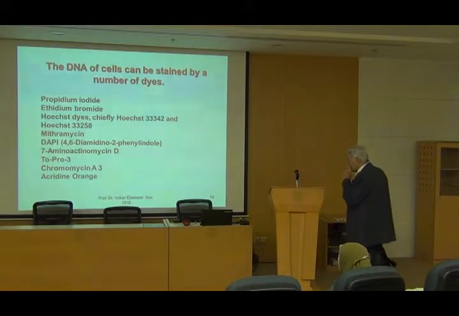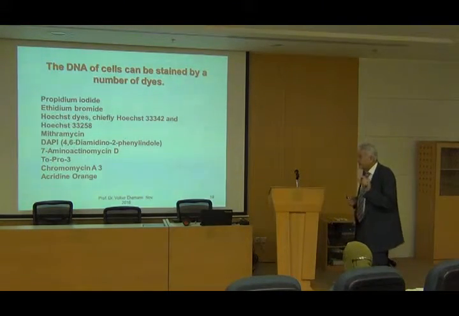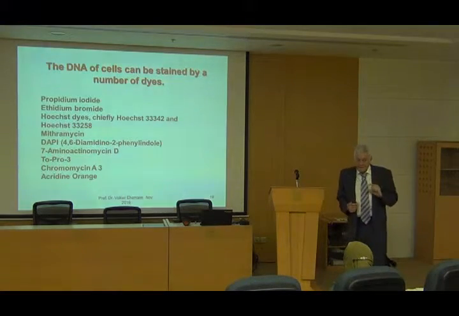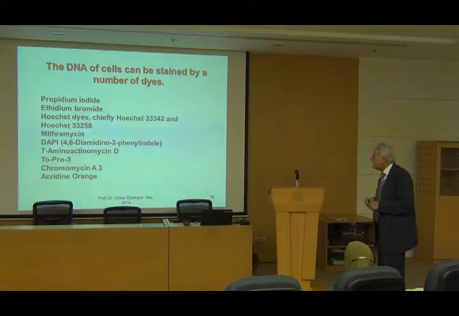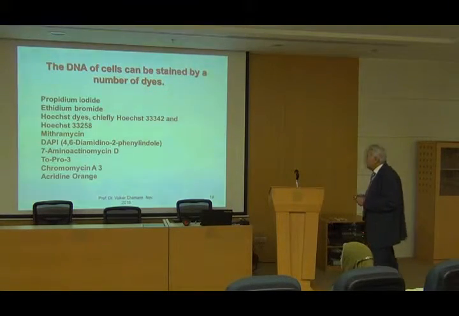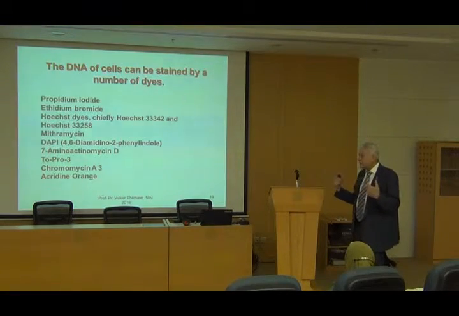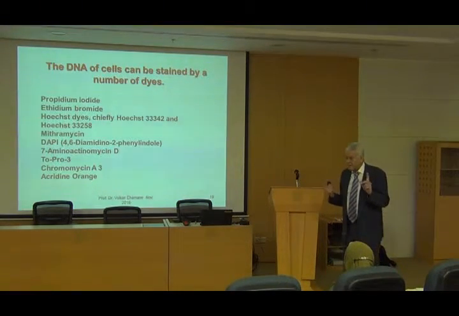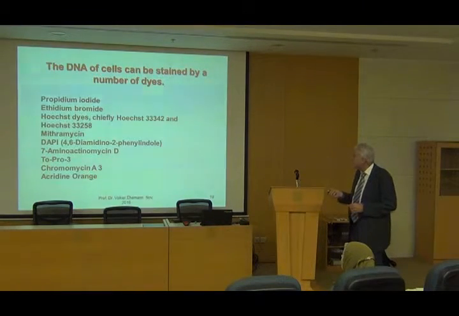The DAPI stain has the benefit that it does not intercalate in the DNA, in contrast to propidium iodide. The DAPI stain only binds to AT groups, in contrast to propidium iodide or ethidium bromide.